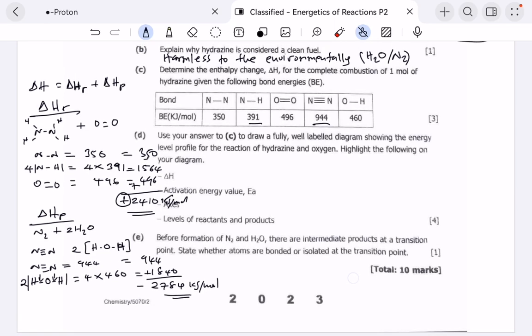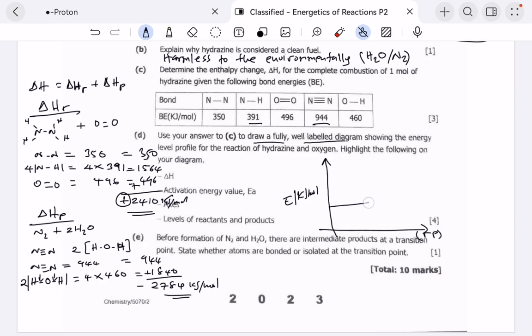And D requires us to draw fully a well-labeled energy level diagram of hydrazine. So here we'll consider this as energy in kJ per mole, then reaction pathway this side.